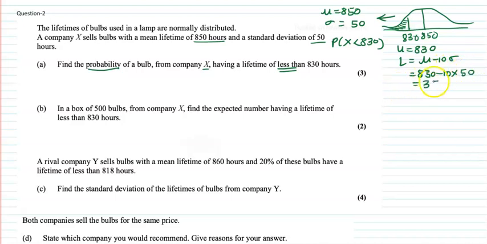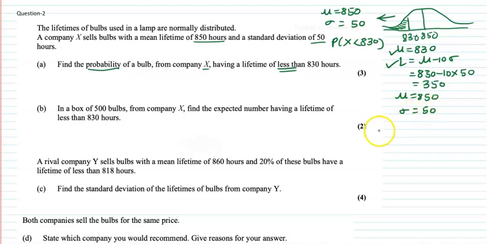Once we subtract, we get 350. So we know the lower value, the upper value, mu that is 850, and sigma that is 50.